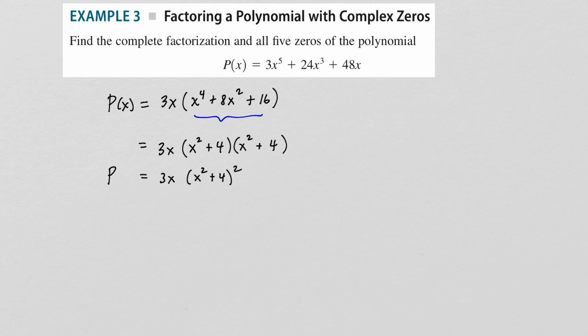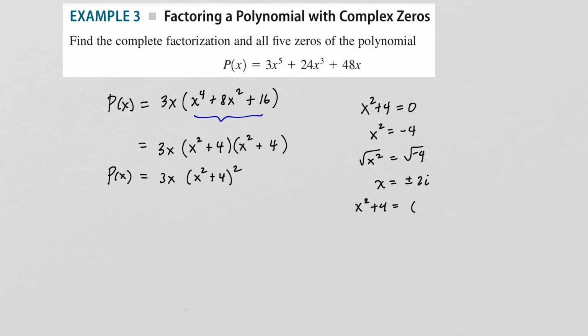Now that is the complete factorization if you only want to factor over the real numbers. But if we take the factor x squared plus 4 and set it equal to 0, we can quickly discover that the solutions here are going to be positive and negative 2i. So that means that x squared plus 4 will factor into x minus 2i and x plus 2i.